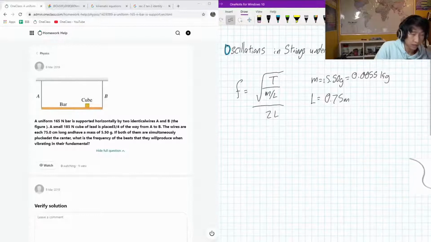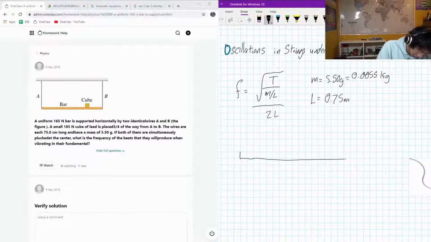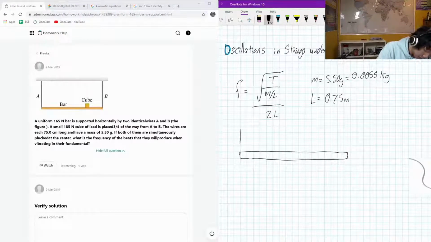Okay, so let's draw a free body diagram of this situation. Here we have tension A, our left side.